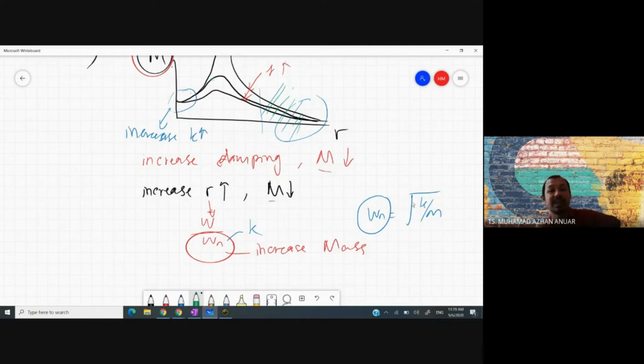Of course, mathematically, we can play around with this equation to get lower omega N, but in vibration, in reality, physically, you cannot control K at this region. You just control K if your system response falls at this region. If your system response falls at this region, you can control M. And if your system response falls at the resonant region, you can control C.